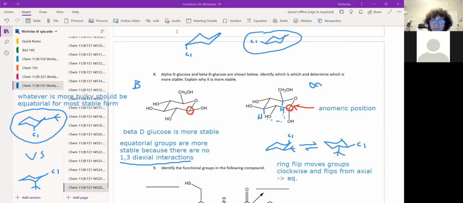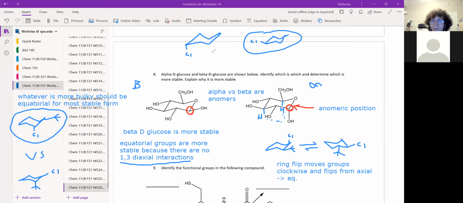It's good to know. And then you would call the alpha versus beta form anomers of each other. So those are terms you should know: one of the positions is called anomeric, and alpha versus beta are called anomers.